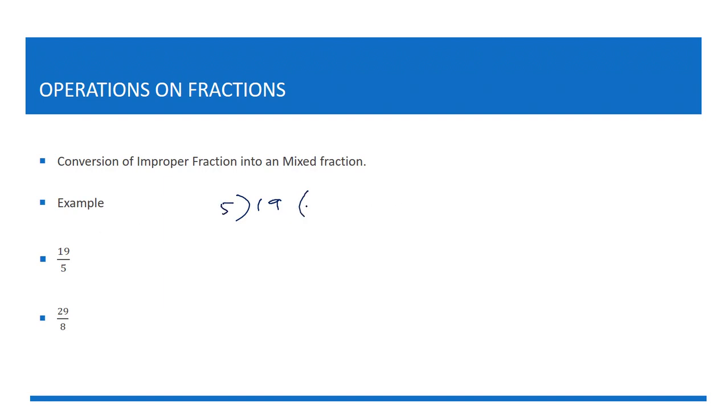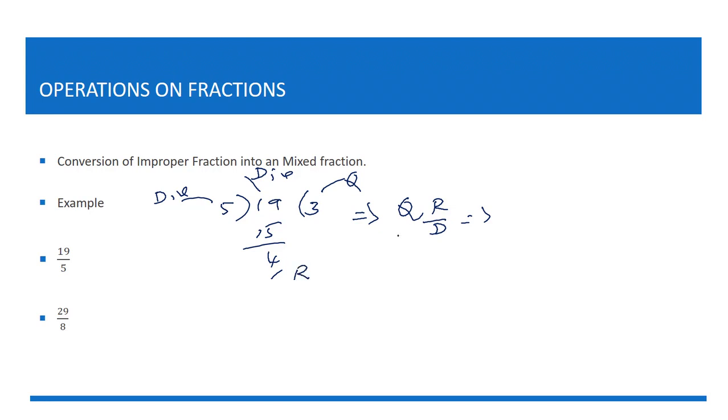Start dividing 19 by 5, 5 3s are 15, remainder 4. This can be represented as Q, D: Q means quotient, this is the dividend, this is the divisor, and this is the remainder. What is Q here? Q is 3.